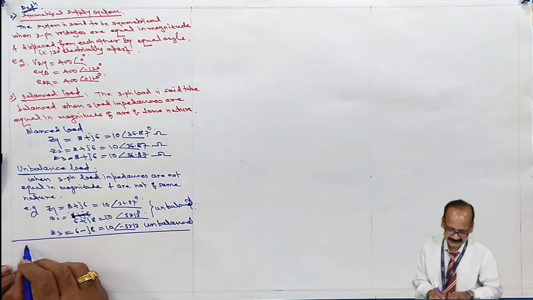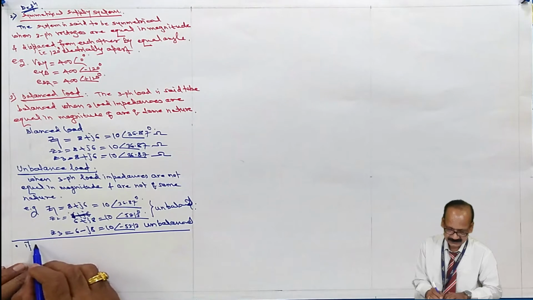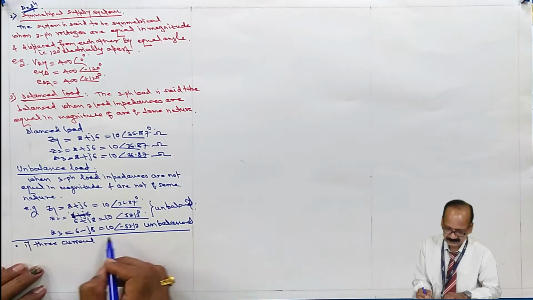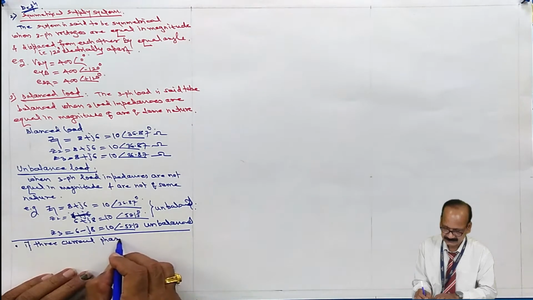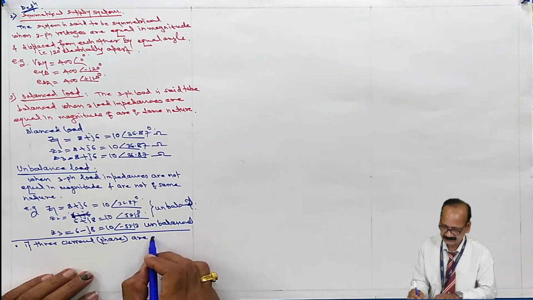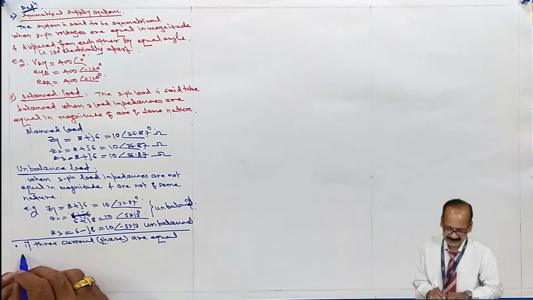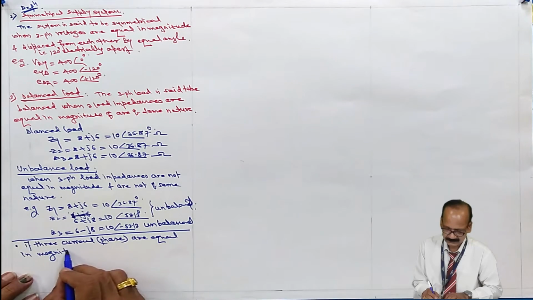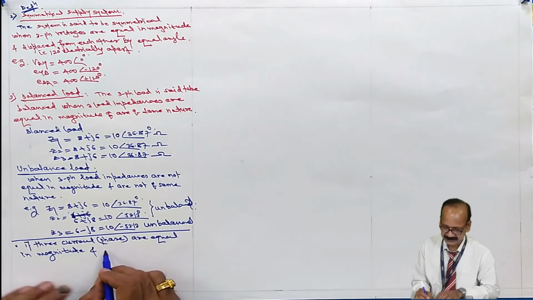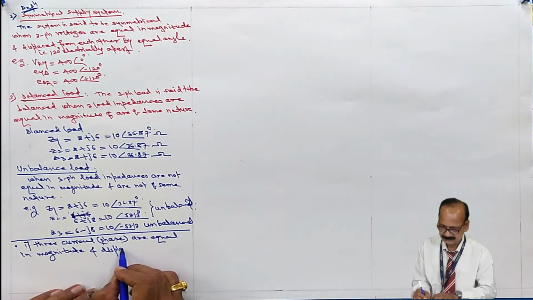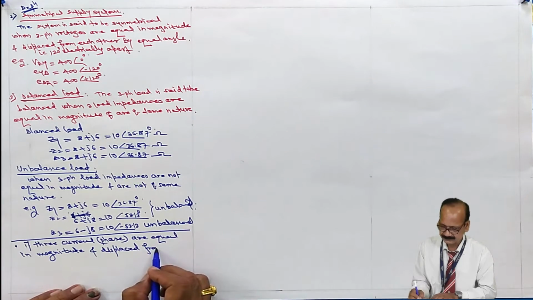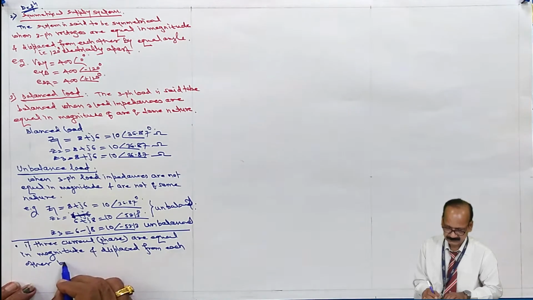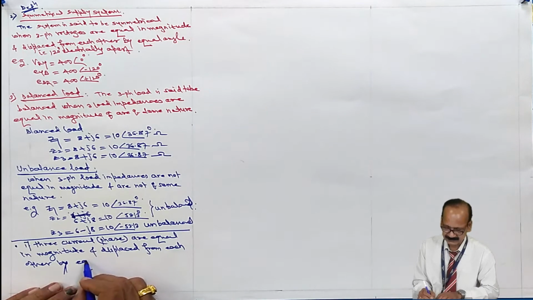If the three phase currents are equal in magnitude and displaced from each other by equal angle, that is by 120 degrees.